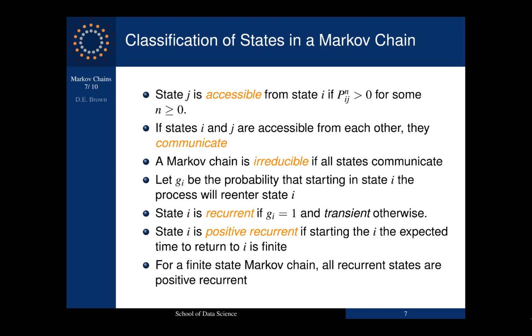It turns out that in a finite state Markov chain, where there's only a finite number of states it can be in, some fixed number, it could be large but it doesn't matter, all recurrent states are positive recurrent. In other words, their expectation of return is finite.